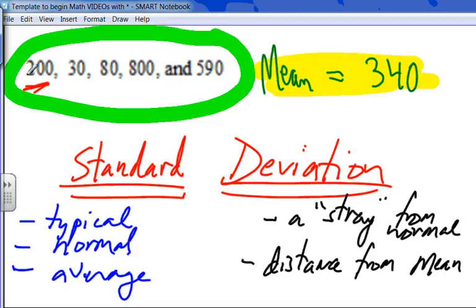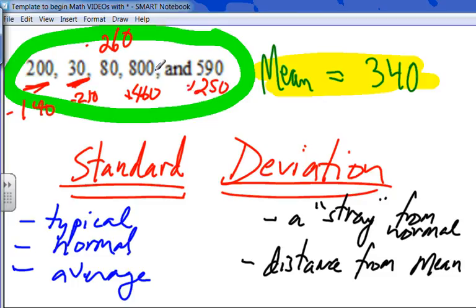Its deviation would be a negative 140. 30 is 310 below the mean. 80's distance away from the mean is 260 below, 800, wow, that's 460 above the mean, and 590 is 250 above the mean.